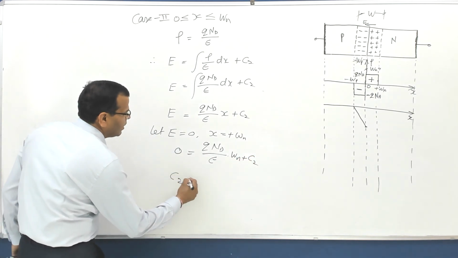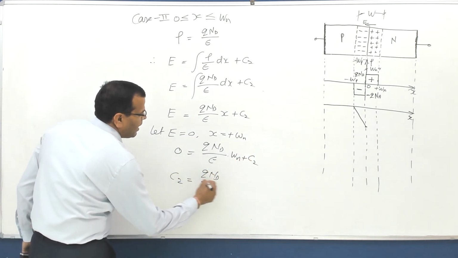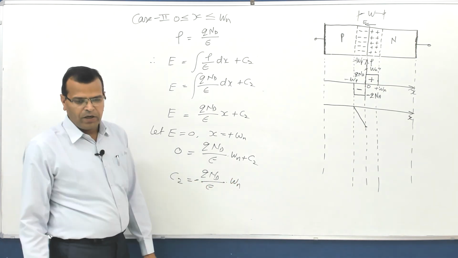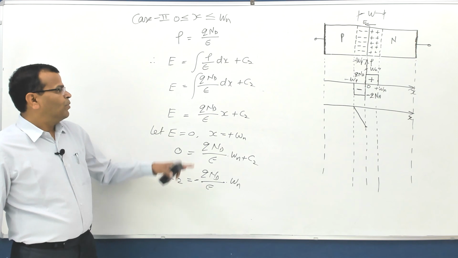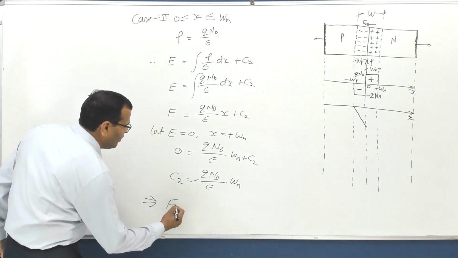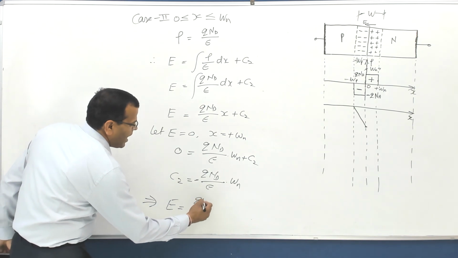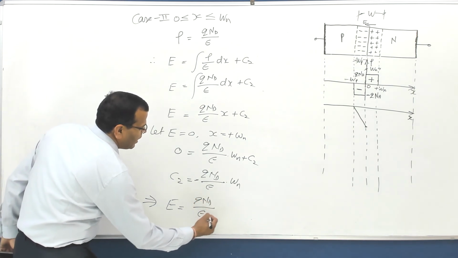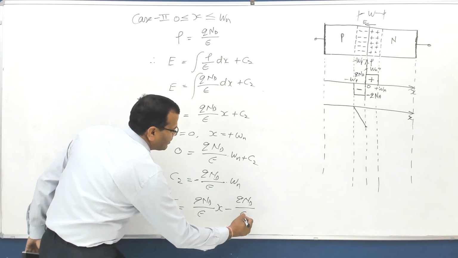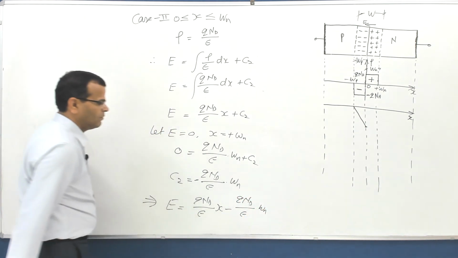So C2 is Q N D by epsilon into Wn with a negative sign. Put it in this equation. So this gives the electric field variation equal to Q N D by epsilon x minus Q N D by epsilon Wn.